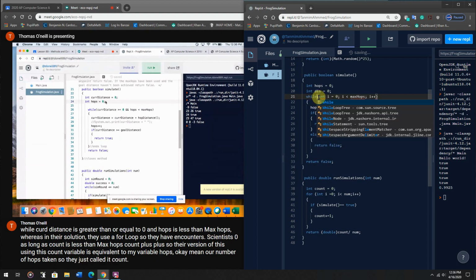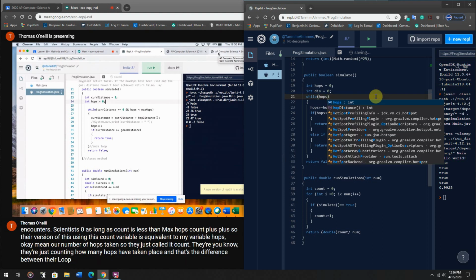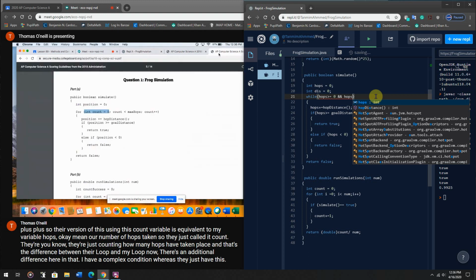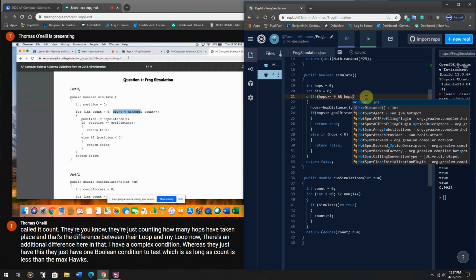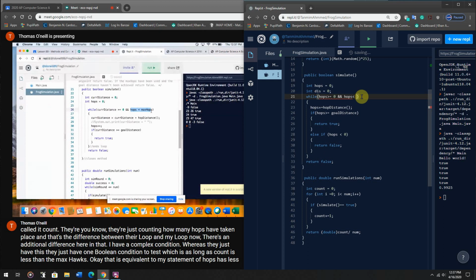They're just counting how many hops have taken place, and that's the difference between their loop and my loop. There's an additional difference in that I have a complex condition, whereas they just have one Boolean condition to test, which is as long as count is less than the maxHops. That is equivalent to my statement of hops is less than maxHops.